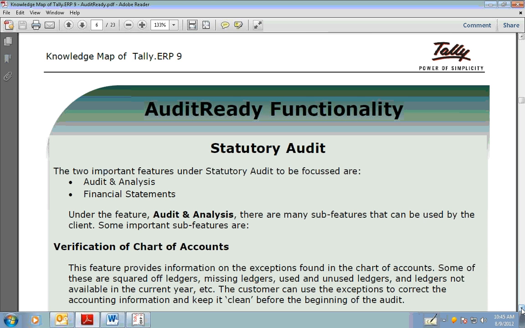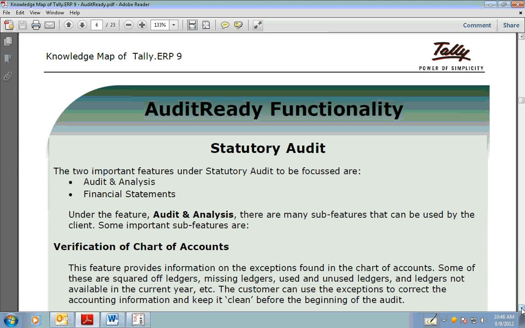We will check the entire audit and analysis: how exactly a business owner checks his business transactions, and how the various features and tools available help him check his data, rather than sitting and verifying each and every one of 1 lakh transactions. The tool also helps you take up samples and check that everything is fine.